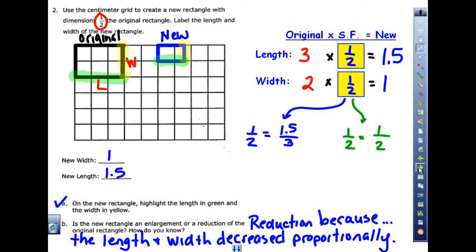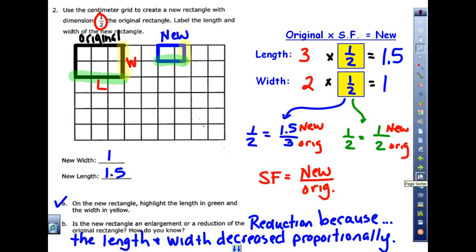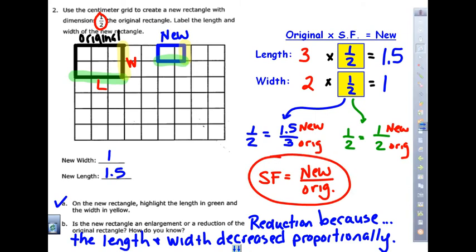The other thing I want you to notice is that this is my new length divided by my original length. New, original, new, original. So guess what? My scale factor is the new length divided by the original length. Did you already write that down? I hope you did. Let's go on to number 3.